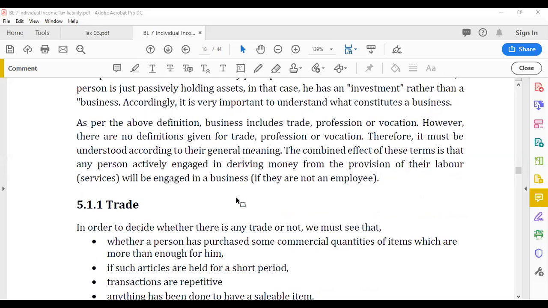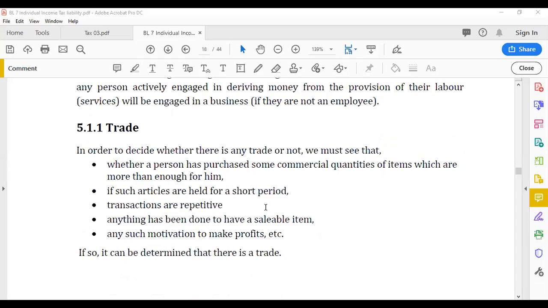The combined effect of these terms is that any person actively engaged in deriving money from the provision of their labor or service will be engaged in a business if they are not an employee.